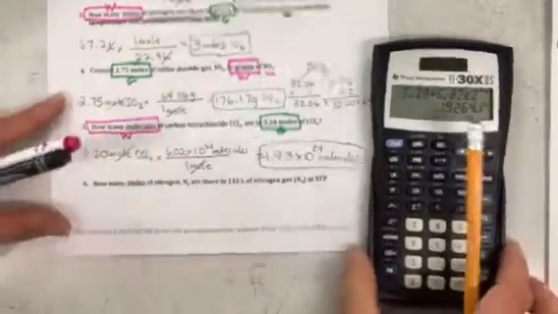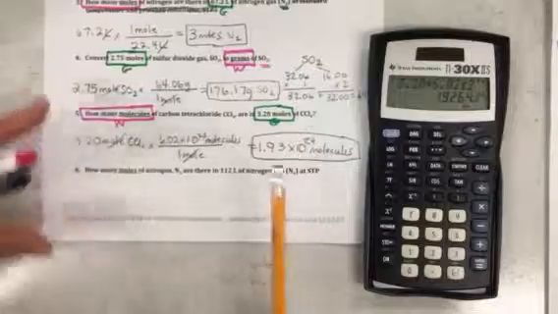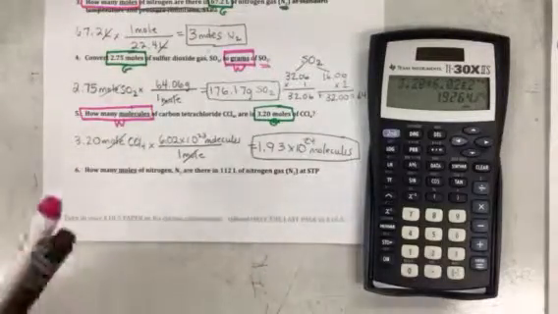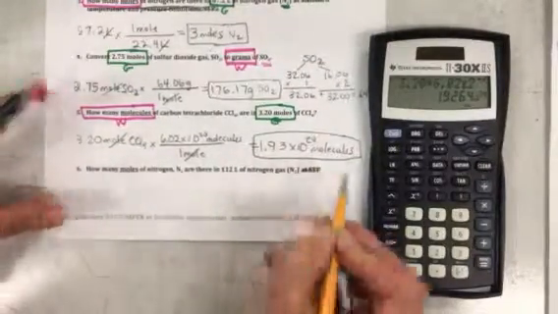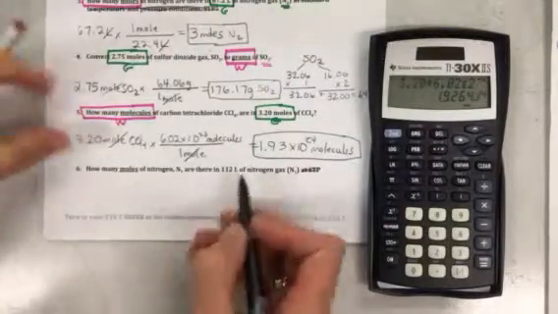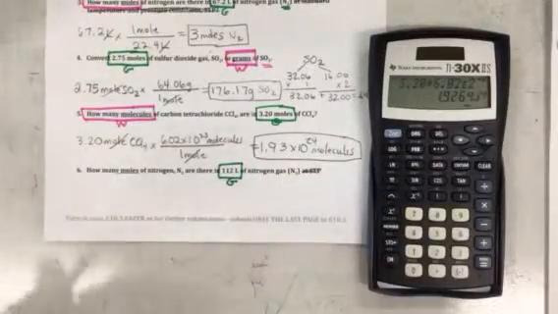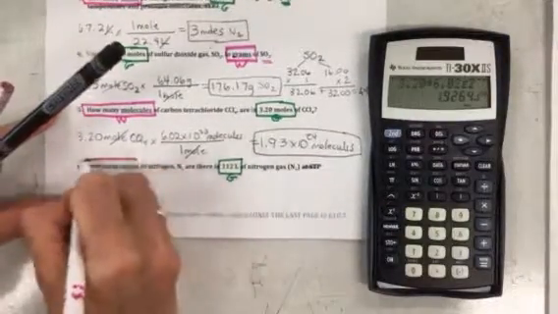Molecules. How many moles of nitrogen are there in 112 liters of nitrogen at STP? Remember that part's kind of just extra. Don't need that really. So I see a number with a unit, that's going to be my given. How many moles? That is my wanted.